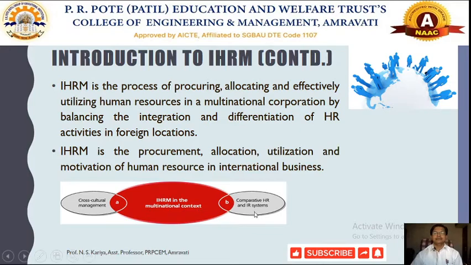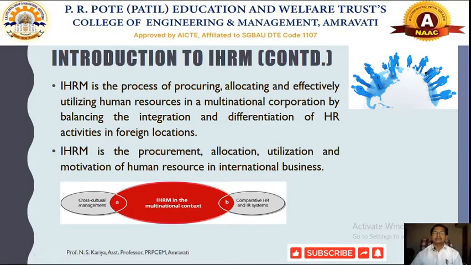Here we are also dealing with comparative HR and IR systems. Many big international firms, for example Google, Microsoft and Apple, are using a very effective and sophisticated form of web-based information system. What do we call it? HRIS, the human resource information system.